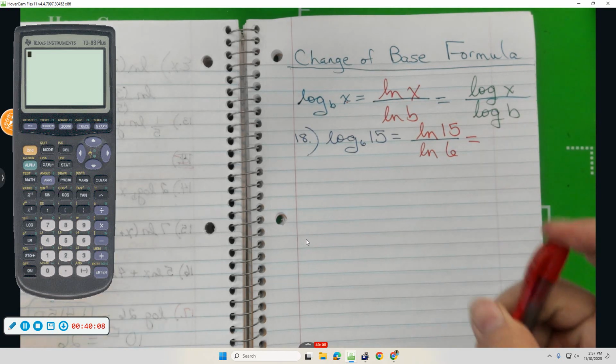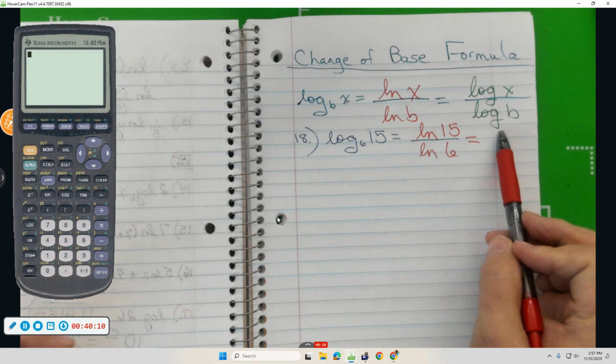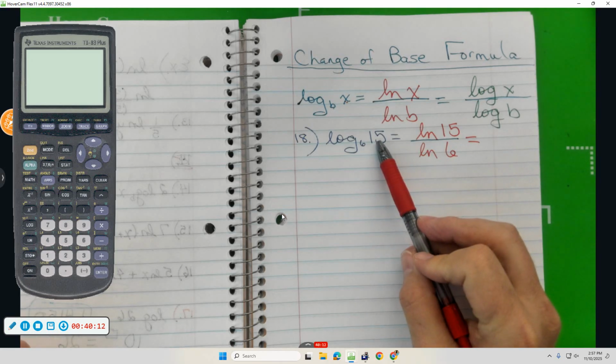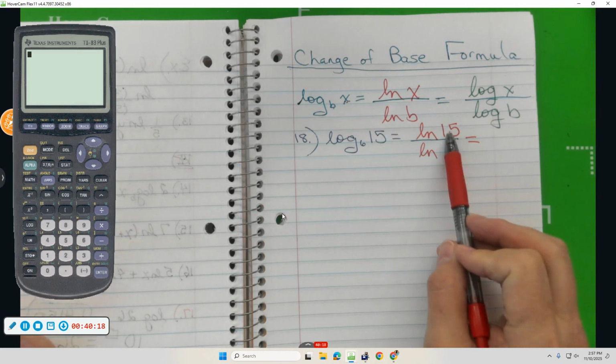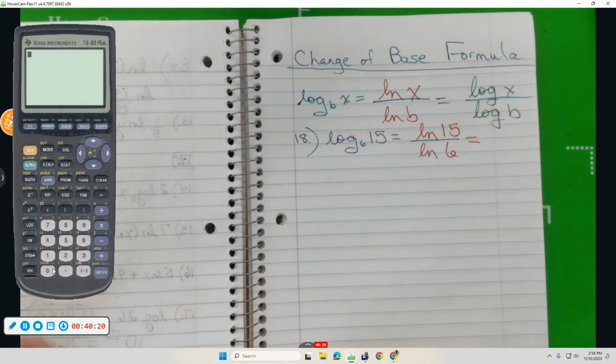This is asking 6 to what power gives us 15? Well, 6 to the first is 6. 6 squared is 36, so we've skipped right over the 15. So it has to be between 1 and 2, but that's all I can come up with without using a calculator. So watch out.